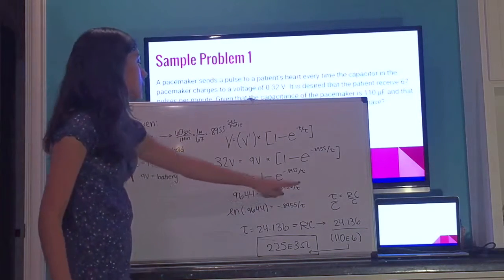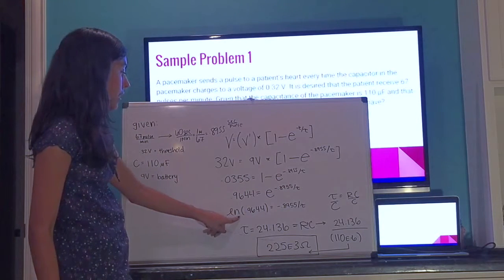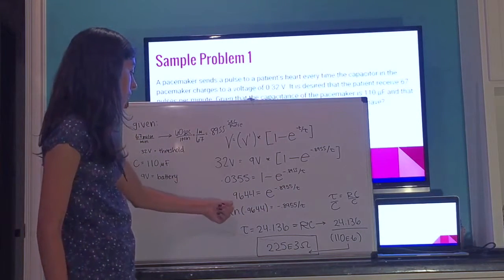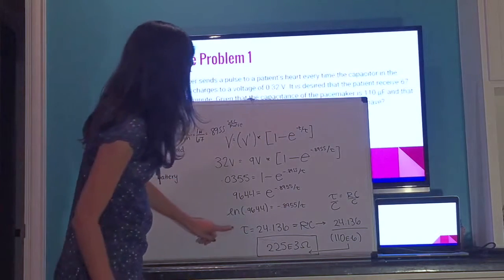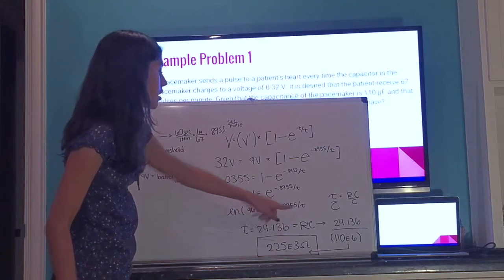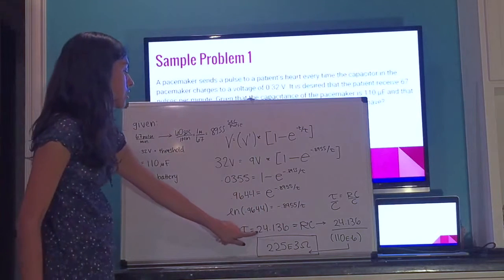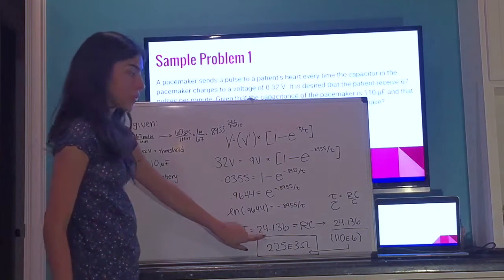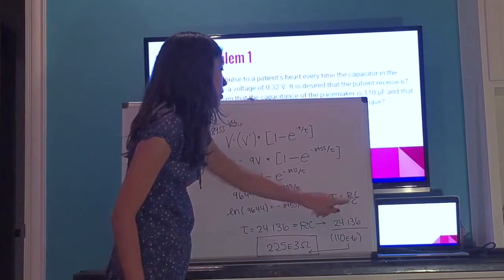And then, because we want to isolate this exponent, we're going to be taking the ln of this value that we figured out, this 0.9644, and that's going to be giving us another value that when we solve for just the time constant, we're going to get 24.136.